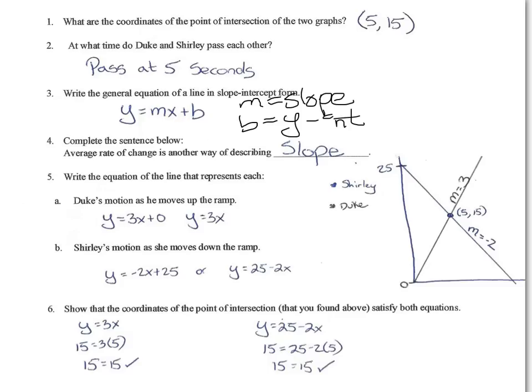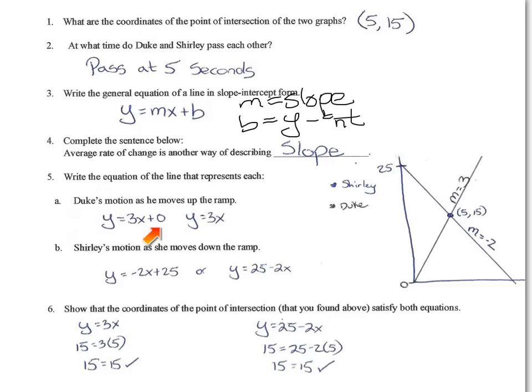In this case, Duke's slope was 3 because he increased 3 feet every second. I drew a little sketch over here. You don't need this sketch. This was just so I can refer back. And Shirley decreased at 2 feet every second, so hers is negative for decreasing, and went down 2 feet for every 1 second. So that's where I got the 3x and the 2x.